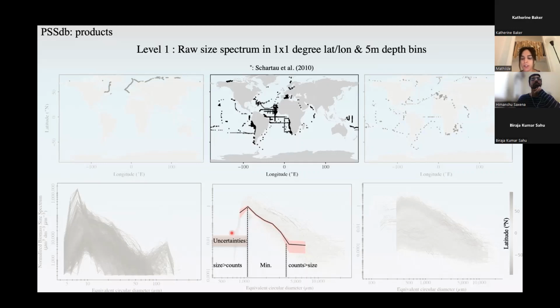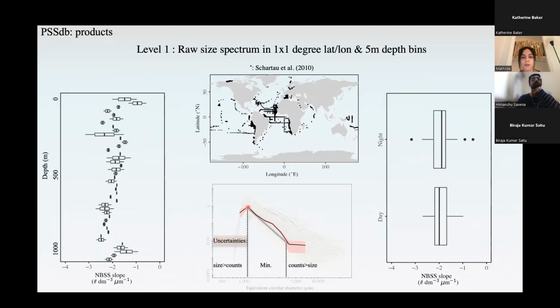With this uncertainty, the goal is to do a linear fit of the NBSS, which is used to provide information on the slope of the size spectrum. And the goal is, for people who have their own instrument or wish to see that at a global scale, to see patterns in the slope of the organisms.